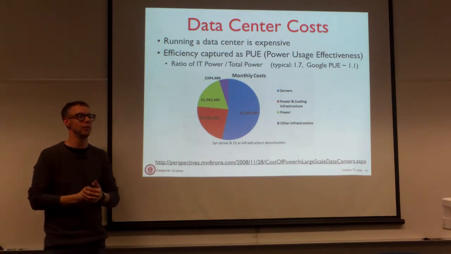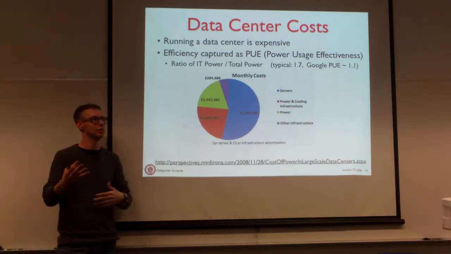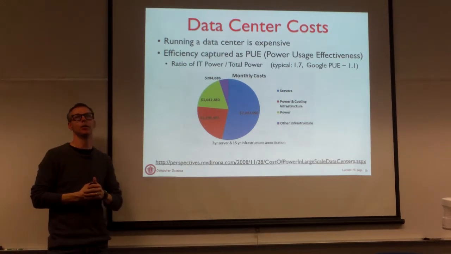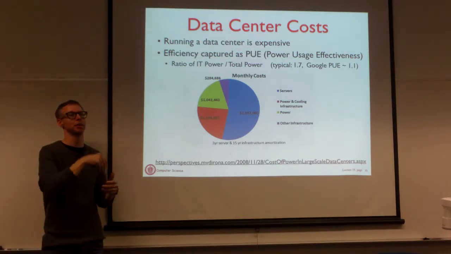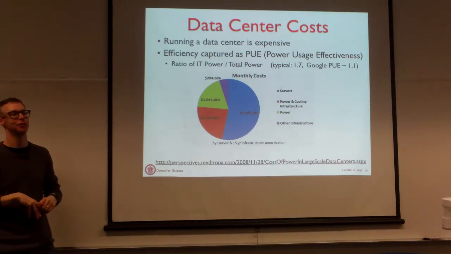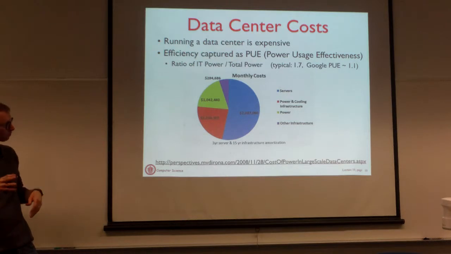Anyone know how much an average server consumes in watts at peak? 1 kilowatt. Yeah, that's probably a little high, but something like that. Maybe 500 watts. Our desktops are 300 watts. Anyway, probably 500 or 600 watts. It obviously depends on the server.